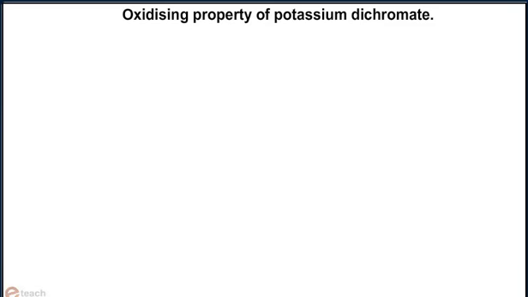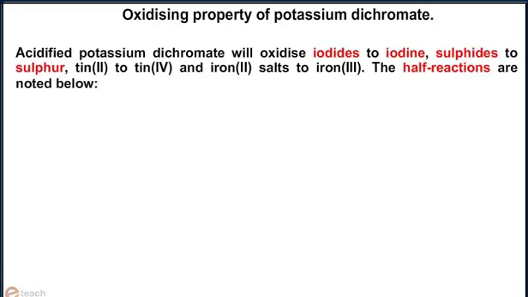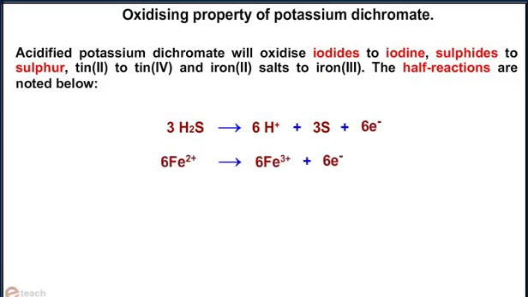Let us study the oxidizing property of potassium dichromate. Acidified potassium dichromate will oxidize iodides to iodine, sulfides to sulfur, tin 2 to tin 4 and iron 2 salts to iron 3. The half reactions are noted below. 3H2S goes to 6H+ + 3S + 6 electrons, whereas 6Fe2+ goes to 6Fe3+ + 6 electrons.